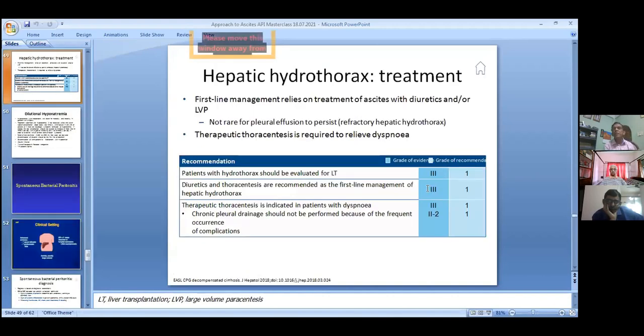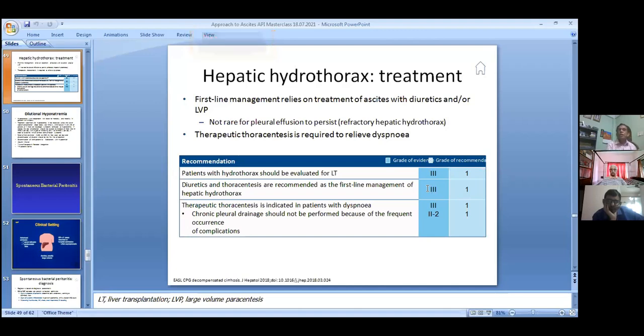Regarding a few points, the first line of treatment for hepatic hydrothorax is diuretics and thoracentesis, large volume thoracentesis. You can remove up to 1 liter or a maximum of 1.5 liter of fluid from the pleural cavity, because more than that produces more dysfunction and respiratory distress, so it should not be done more than that.